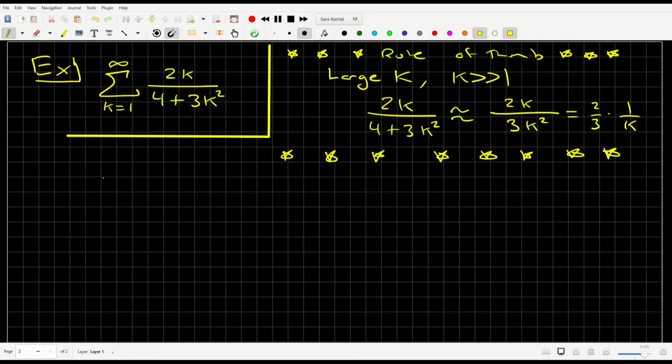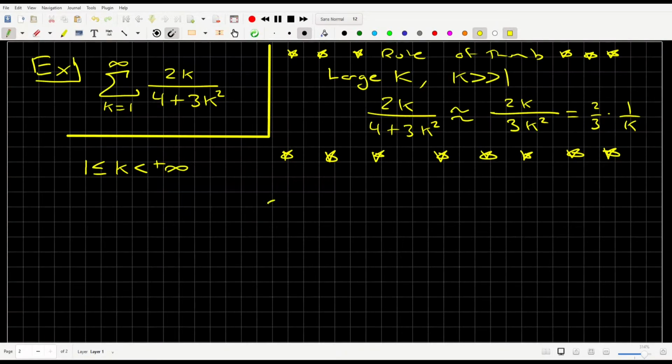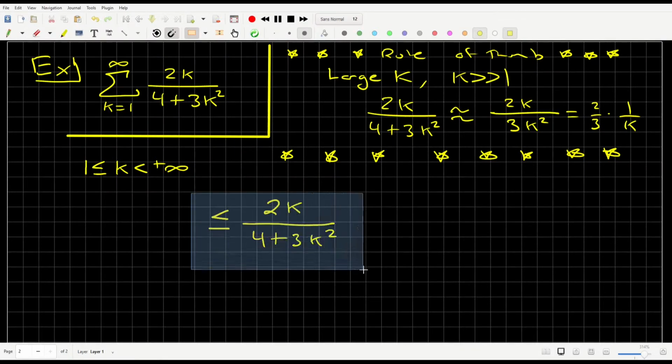So to apply the actual test now, we're going to look at all values of k between 1 and positive infinity. And it's clear that this is a positive series, because 2k is always positive and 4 plus 3k squared is always positive. And what we want to try and do is find a lower bound, which is a simpler series that diverges.